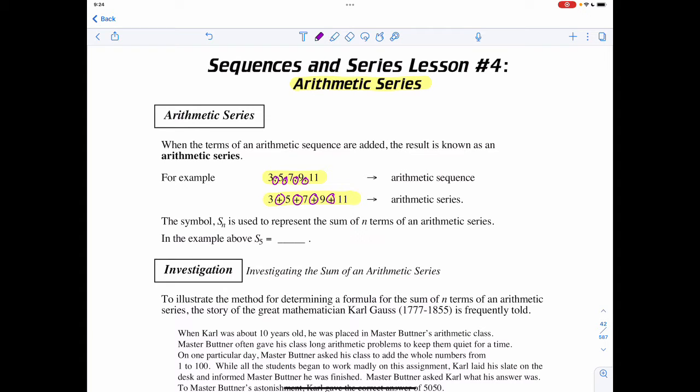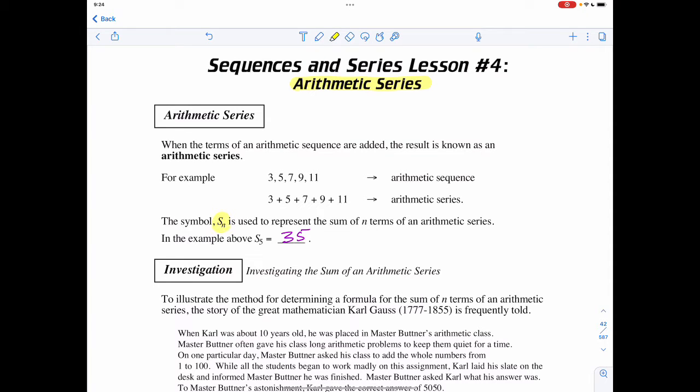So if I have this sequence of 3, 5, 7, 9, and 11, then the series would be 3 plus 5 plus 7 plus 9 plus 11, which would give me a sum of 35.